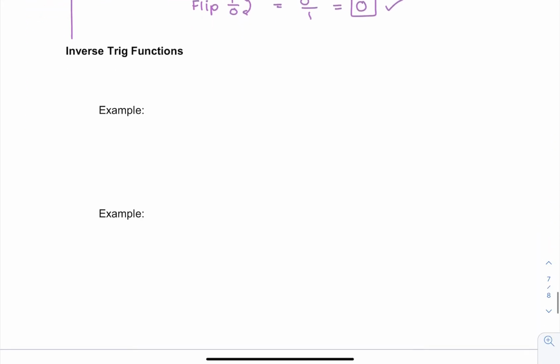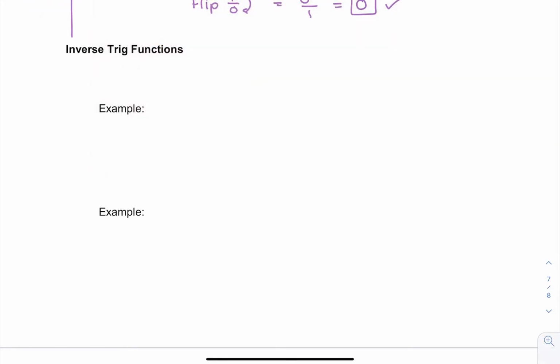The last thing that I want to cover is inverse trig functions. So these are really similar to before, except now we're going to be working with radians instead of degrees. So inverse trig functions are asking you to find the angle measure.